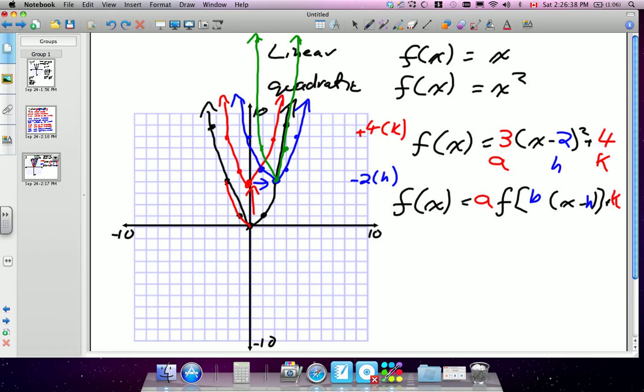I know sometimes it gets confusing because you think compression would make it in and then wider would be out, but the words they use in math is this is a stretch when it gets thinner, and when it gets fatter or wider, that's considered a compression, or at least vertically, okay? So does that make sense? So I'm going to actually redraw the final one, just down here. There we go.